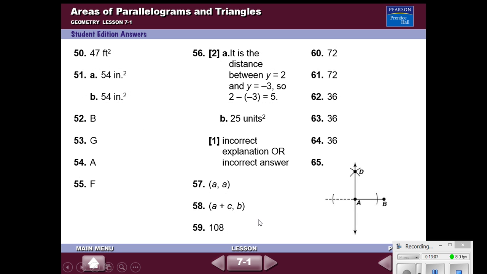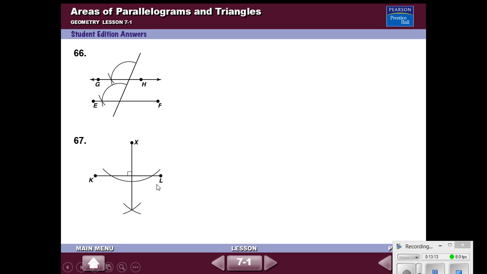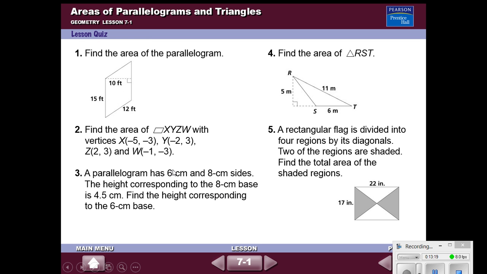Additionally, the last couple, and some of these are constructions which we don't do, but we've done them in Sketchpad. Final couple questions to consider. The area of the parallelogram would be the base times the height, so 10 times 15. Find the area of the parallelogram. You have to plot that and take a look at it.